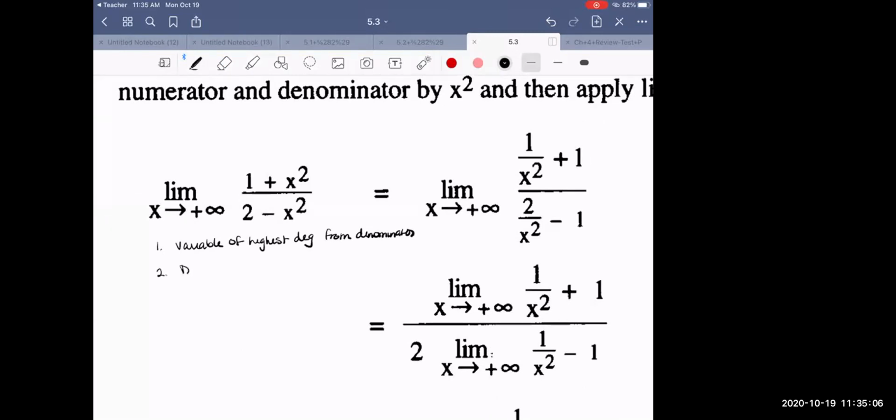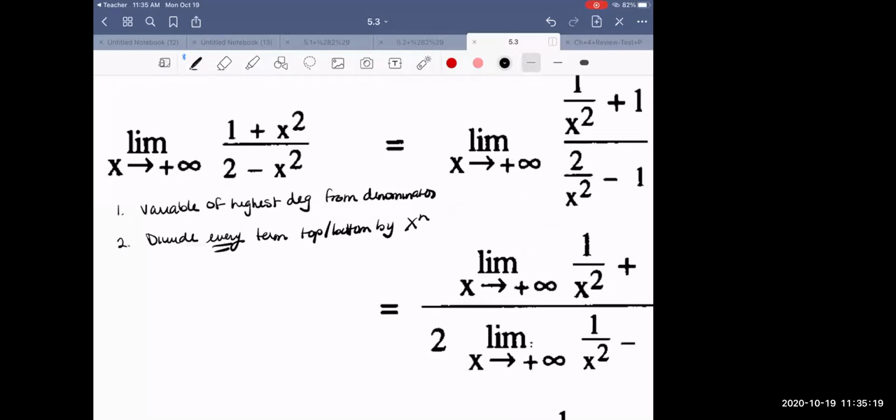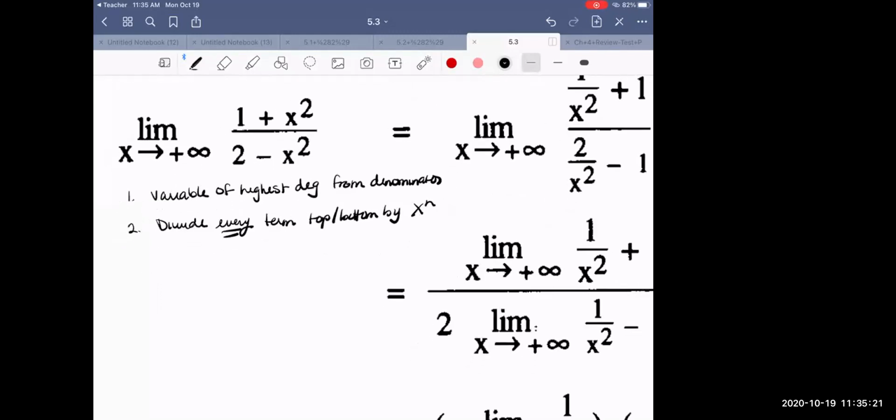Number 2, you need to divide every term, top and bottom, by that x to the n, that highest degree variable in the denominator. And then you're going to simplify, and then and only then you're going to plug infinity in. I hate to use the word plug. And then you're going to find your limit.